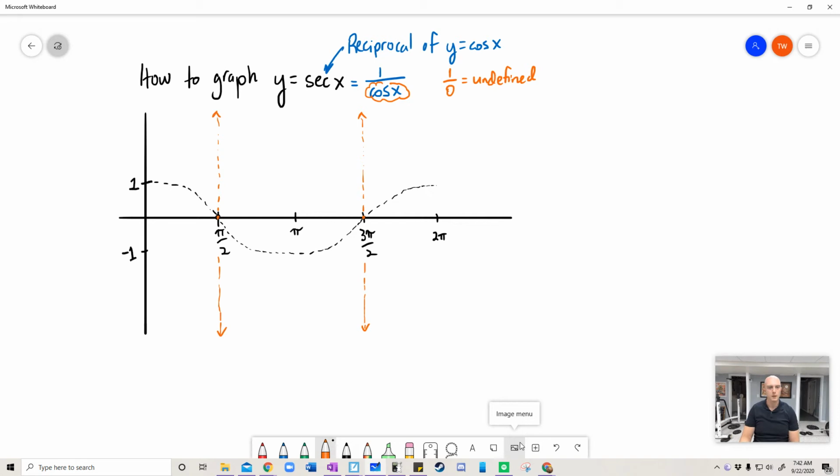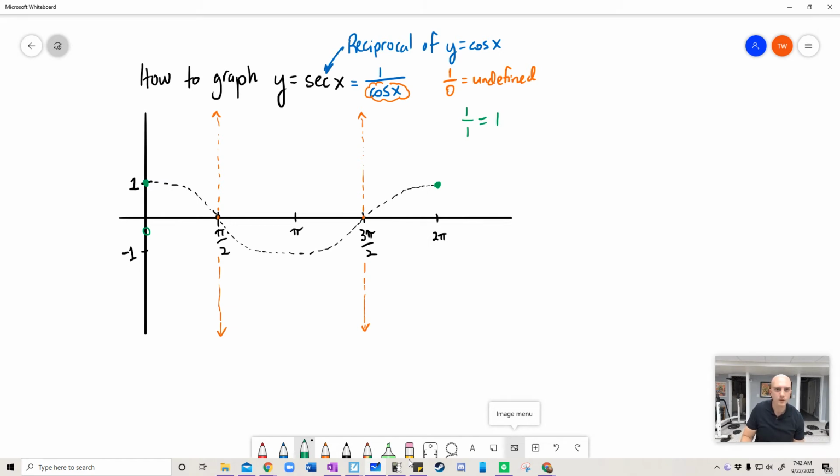Okay? Now the next thing is, I notice that cosine hits 1 at the x value of 0. We hit 1, and also at 2 pi, we hit 1. And the reciprocal of 1 is 1 over 1, which is 1.